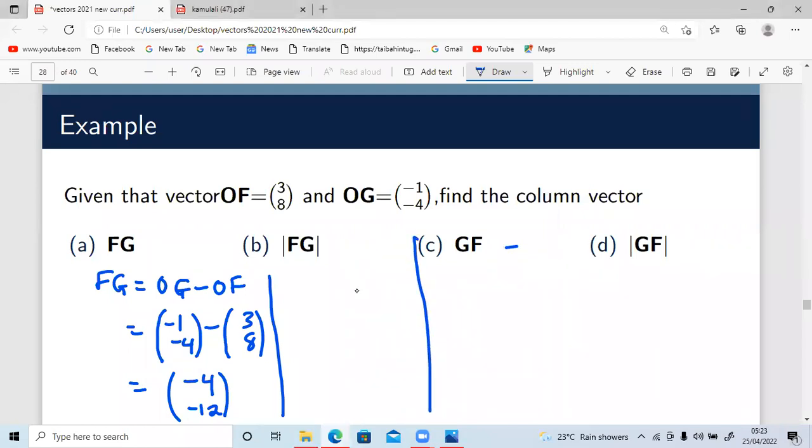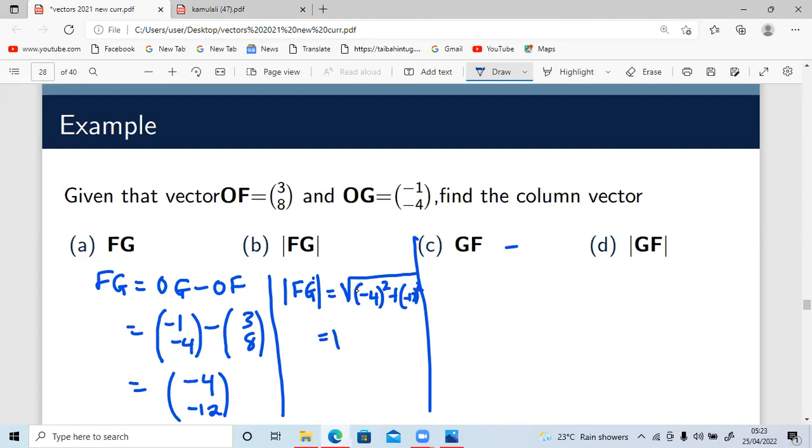Okay, George, tell us how are you getting the magnitude here, FG? Magnitude of FG, that will be equal to the square root of -4 squared plus -12 squared.